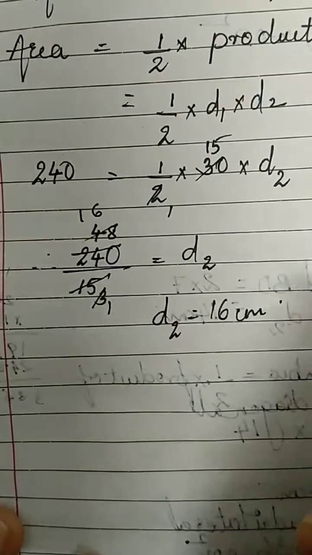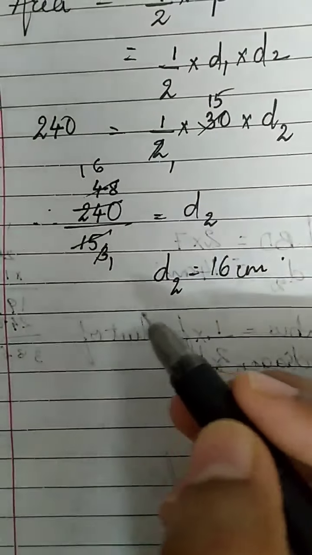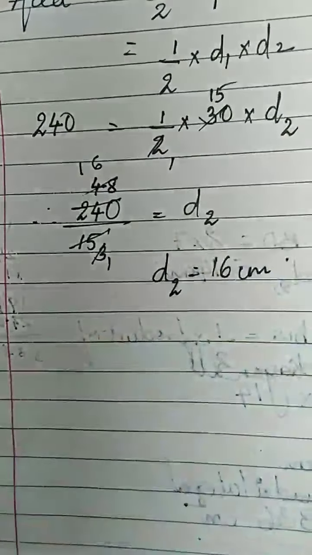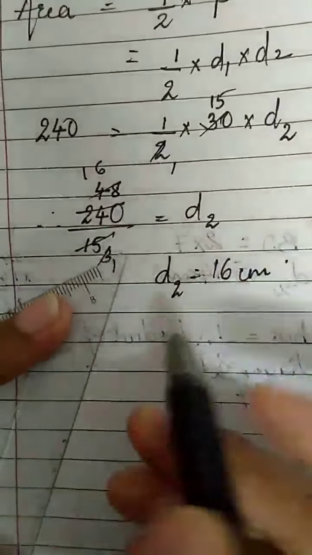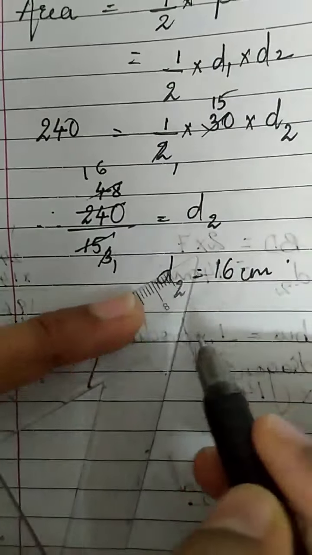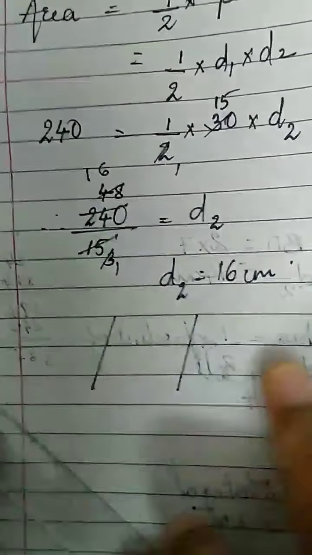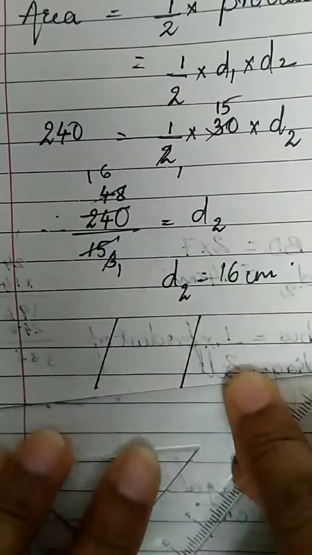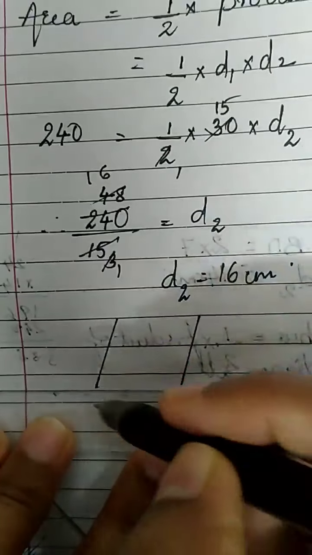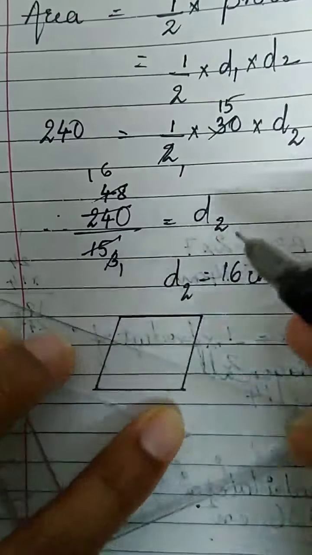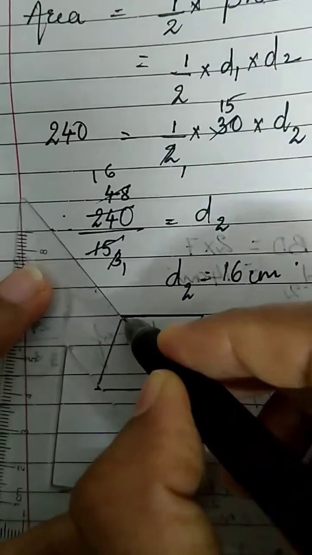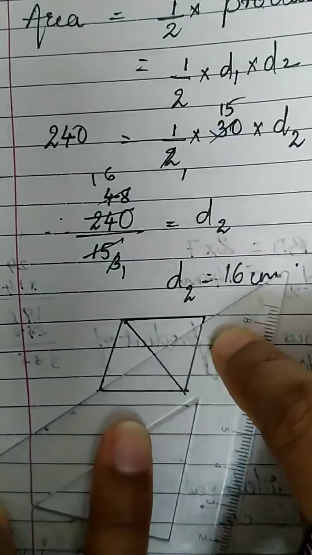But the question is to find the perimeter. Now again we need a figure here that will help you to get the side of the rhombus. So we'll draw a rough rhombus here. According to the property of the diagonals of a rhombus, we will show the diagonals, diagonal D1 and diagonal D2.